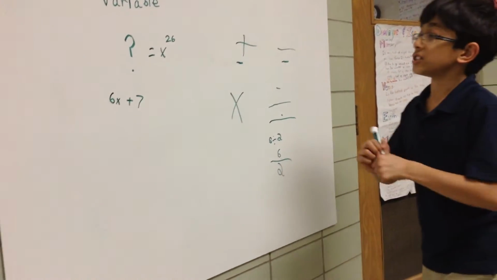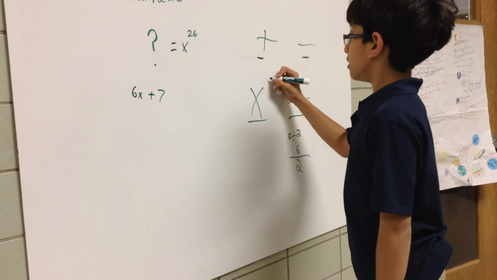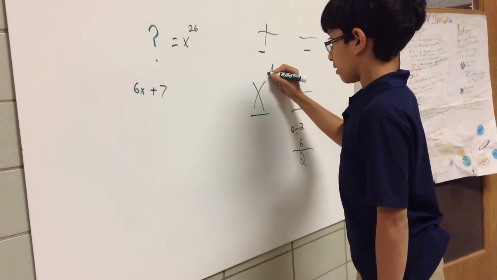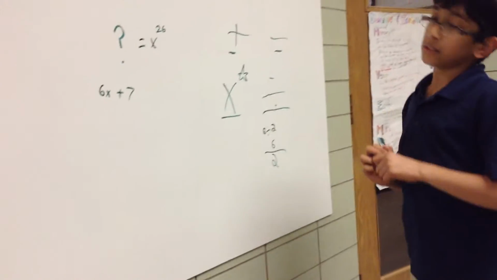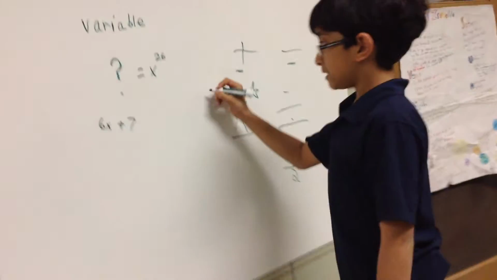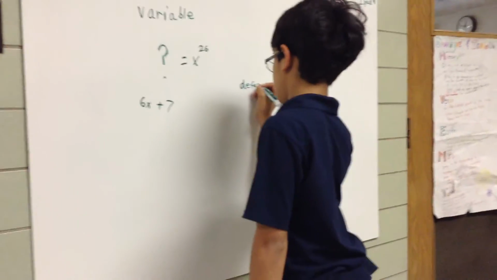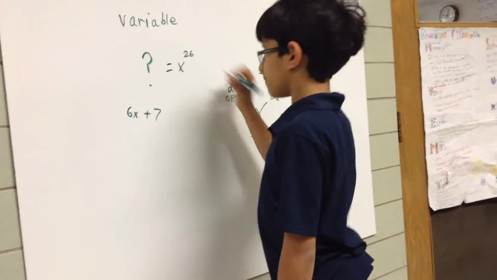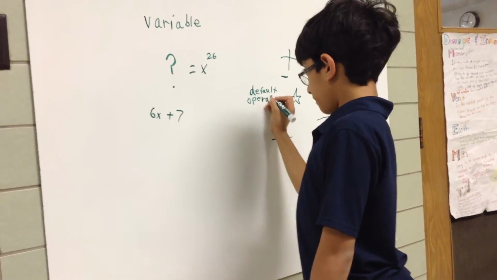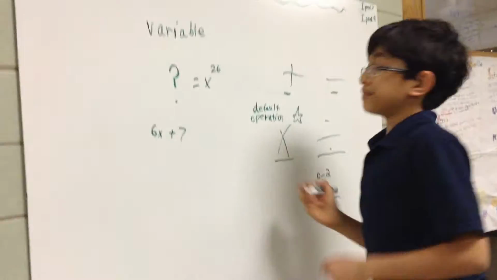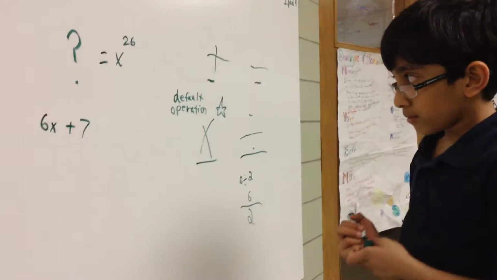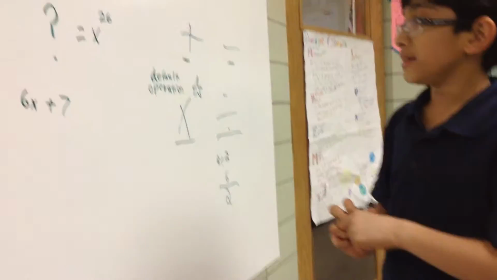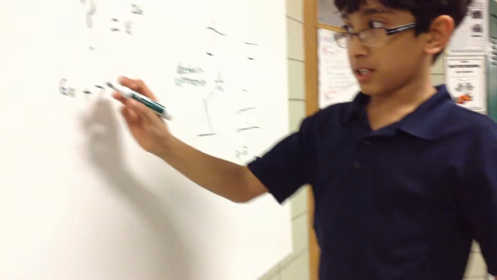And multiplication is very special. There's that little star right there. The reason this one is special is because it's a default operation. Make sure you're getting this. A default operation means you don't have to write it.